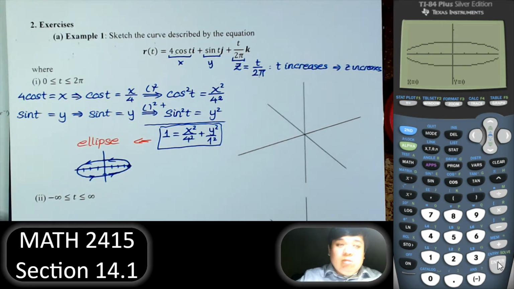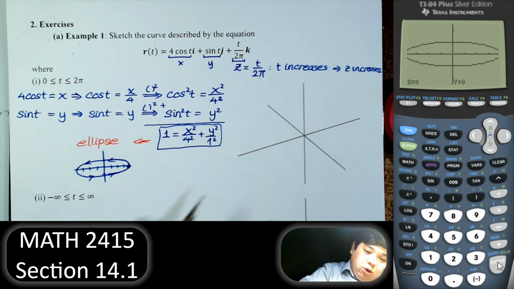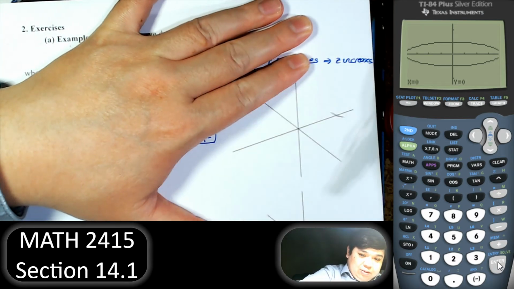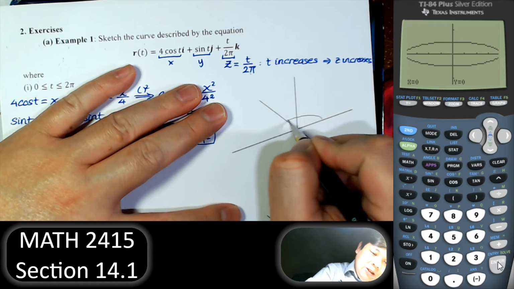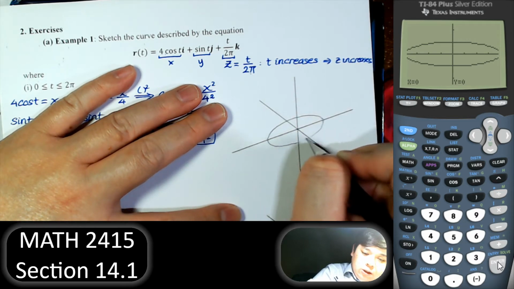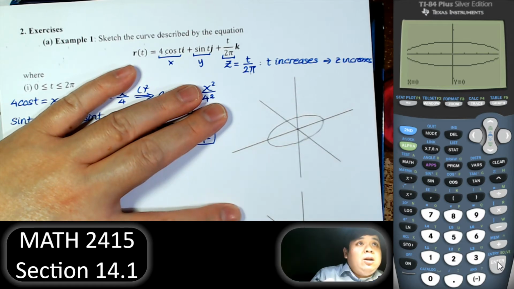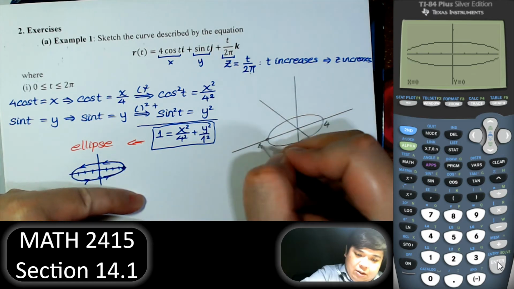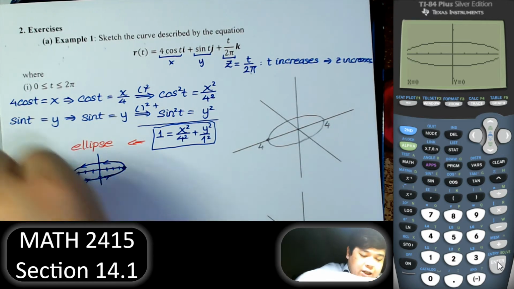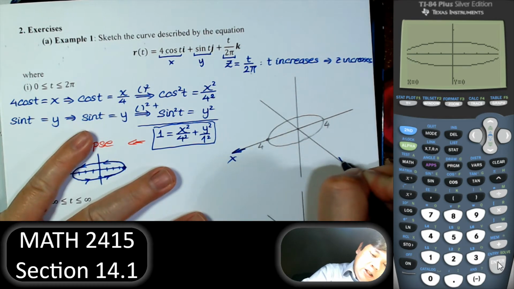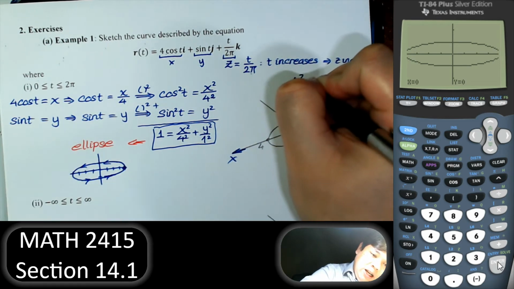Anyway, let me try to draw with the pencil here. On the xy plane we have an ellipse. This is x, y, and z.